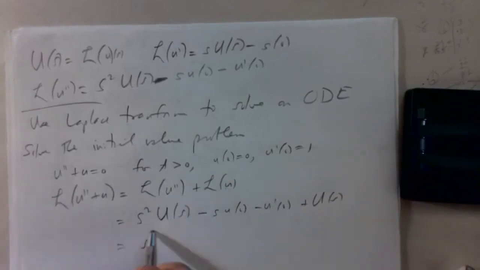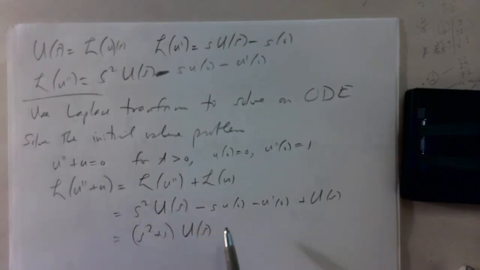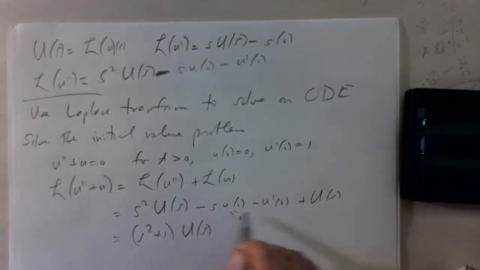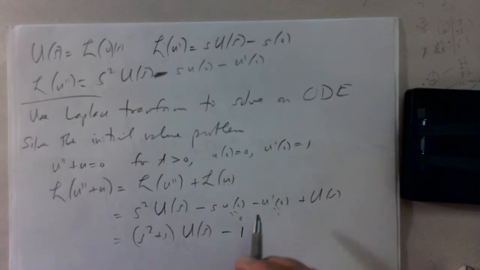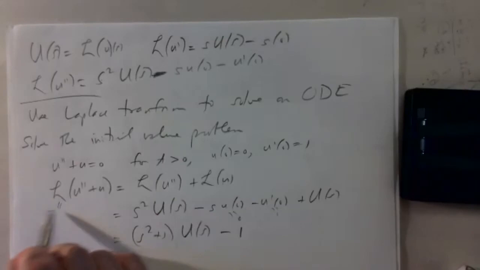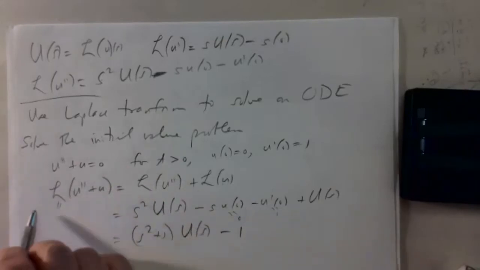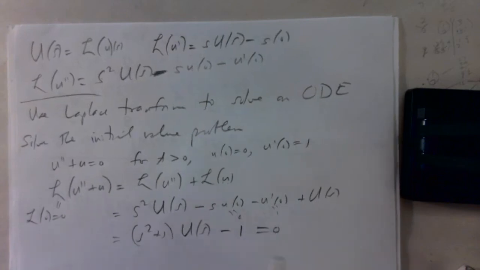So this is equal to s squared plus 1 times U of s. u of 0 is 0 and u prime of 0 is 1. s squared plus 1 U of s minus 1, and that's equal to the Laplace transform of u double prime plus u, the Laplace transform of 0, which is 0. So this is equal to 0.